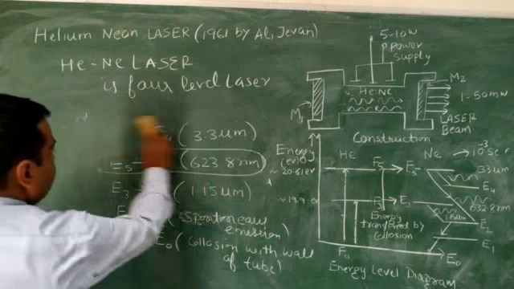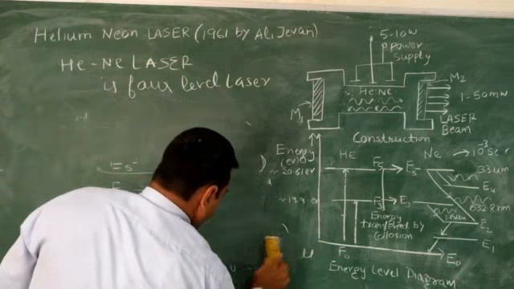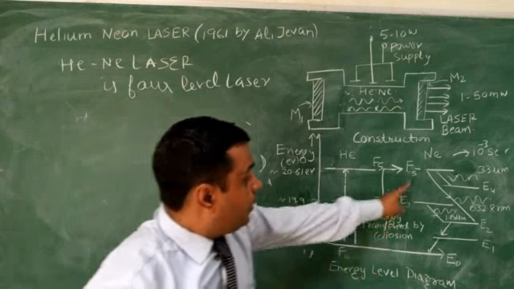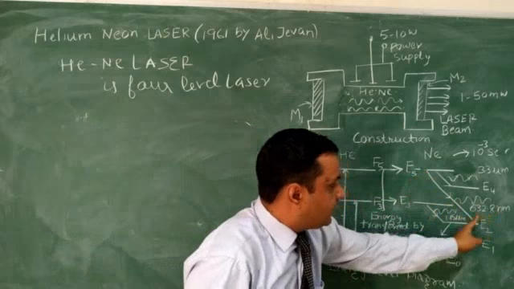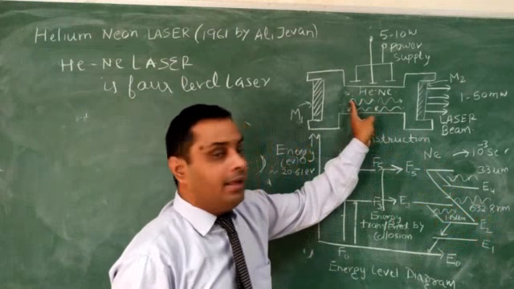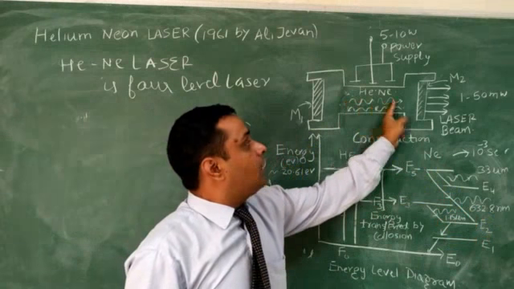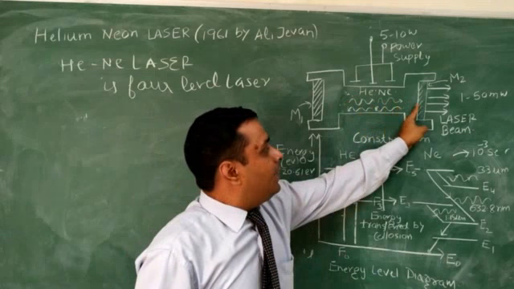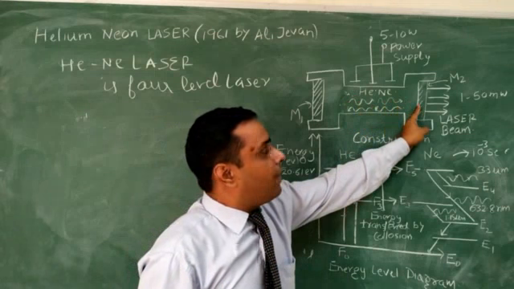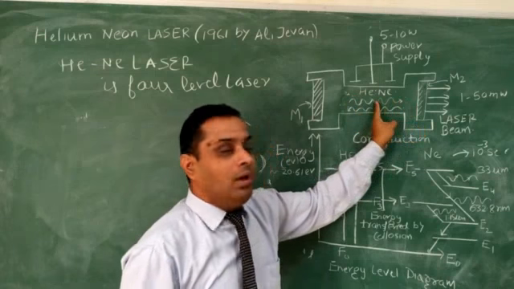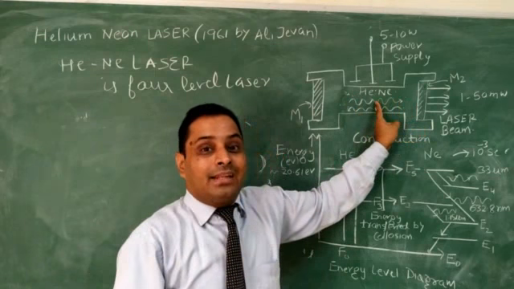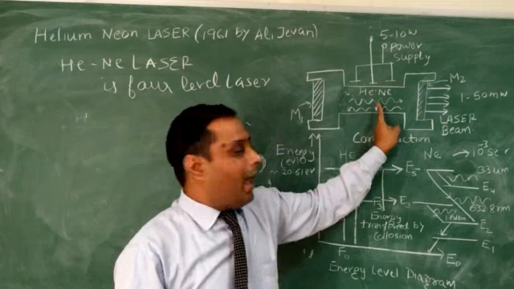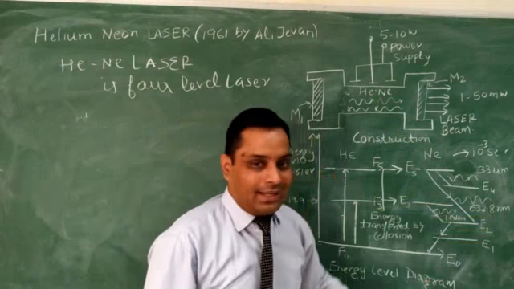Understand? And after this, when the photon of 632.8 nanometer is generated, it passes through the helium neon gas. It is partially reflected by the mirror M2 and comes back and excites another neon atom, emitting a photon of the same energy, 632.8 nanometer.